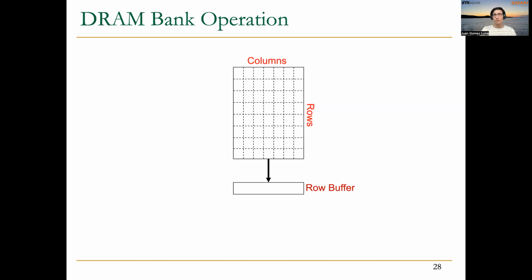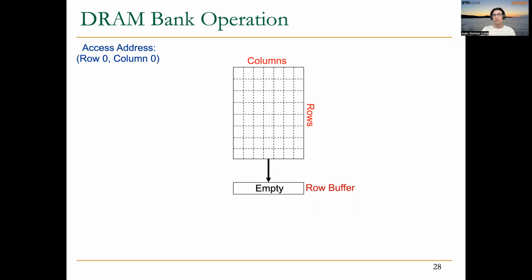So whenever we want to access data from the DRAM bank, we will have to open rows and then access these rows, which basically, as you will see, means moving the contents of the row from its original location to the row buffer, and then we will read and write the data in the row buffer.